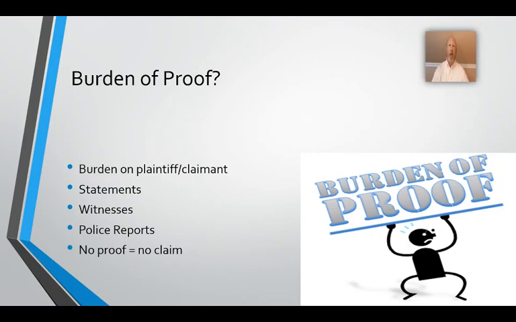They have to prove beyond a reasonable doubt, or the term is not the same as a criminal situation, but beyond a reasonable certainty, that our insured did something that caused these damages or this injury. So that's what you're looking for, and that's why you're asking the claimant to cooperate so they can participate in this process. If they refuse to participate, then it makes the job of proving negligence very, very difficult on their part, or an attorney representing them in a circumstance.